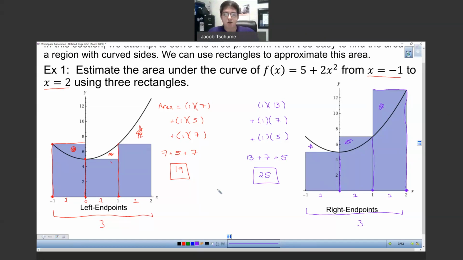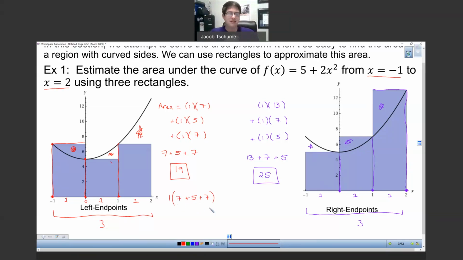One thing I am going to note here that's going to save us some time on the next few problems is that what you will notice about all of these rectangular area problems is that they will always have the same width. So if you look at the left endpoint, for example, another way that we could write this is that since they all have the same width of 1, which could be called our greatest common factor, if I were to factor that 1 out of all 3 of those additions, essentially you could just add all of the heights together and then multiply it by the common width.